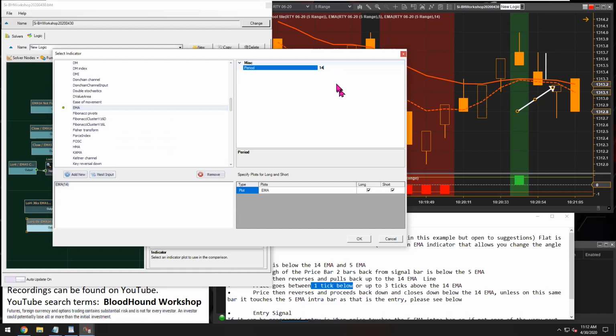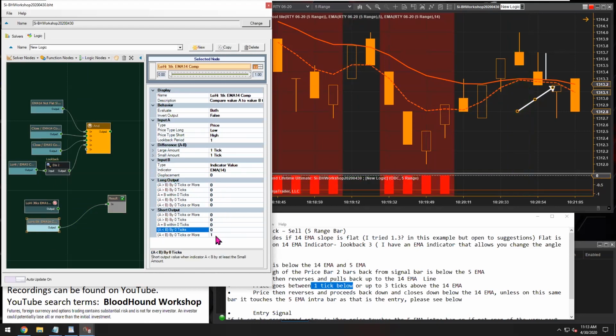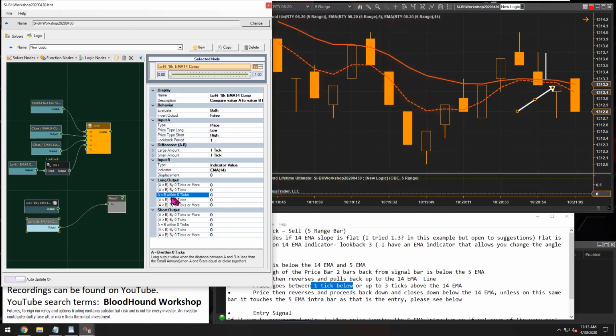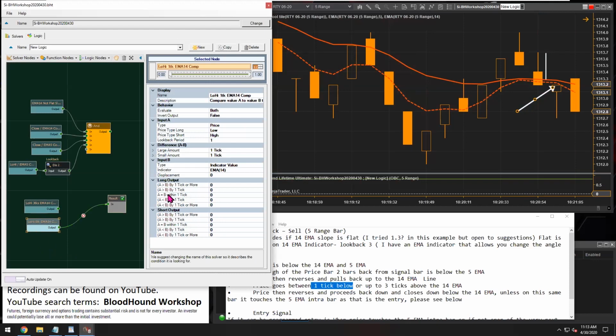All right, EMA14. There we go. So again, we're going to use this A equals B within, and you can see it says 0 ticks. So if I click off and then click back on the solver, there we go. Now our text is updated and it says A equals B within 1 tick. So there's that, and there's that.